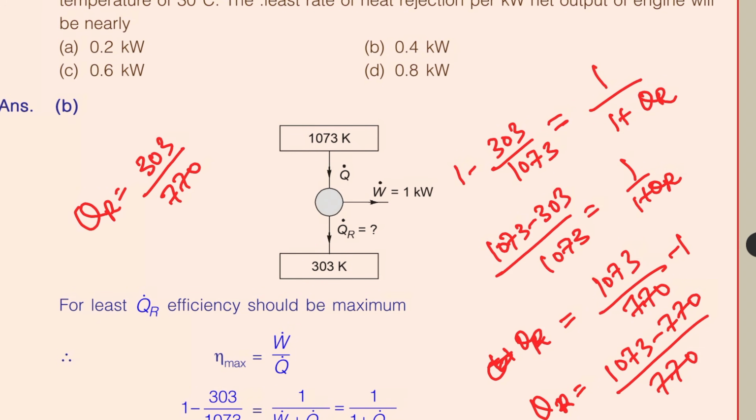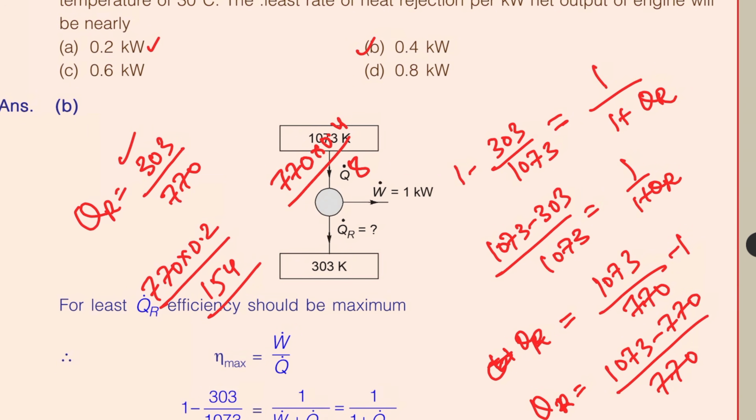So I'm going to start with option number A. 770 multiplied by 0.2, what I'm getting here is 2, 4 and 154. But this needs to be 303. Now I'm going to try the second option. 770 into 0.4, and that comes out to be 8 and 308. So this is 303, this is 308.